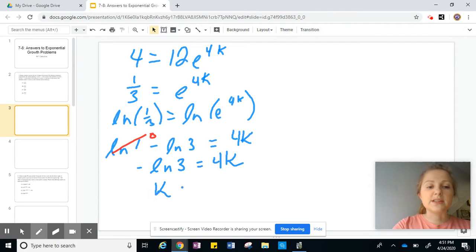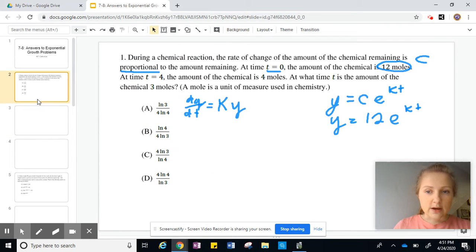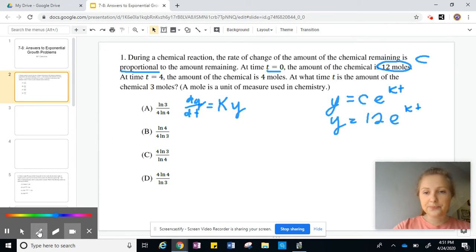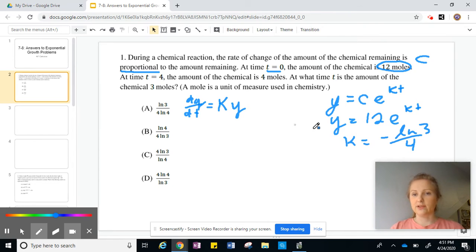Divide by 4 on both sides, and k equals negative natural log of 3 over 4. All right, so let's go back to our question. So we now know that k equals negative natural log of 3 over 4.